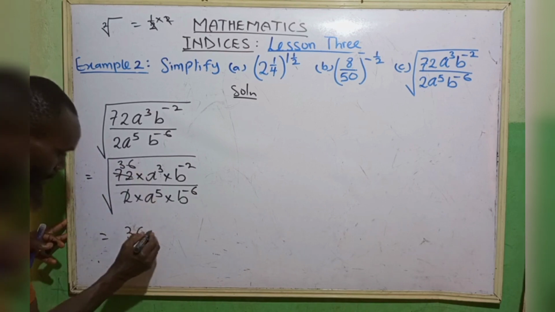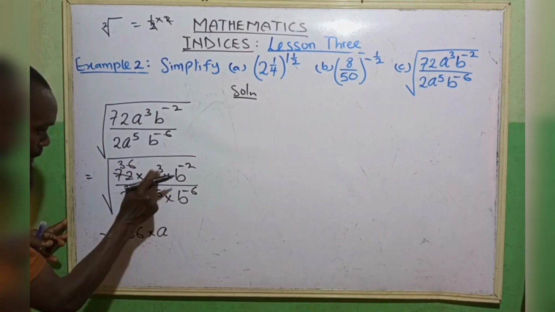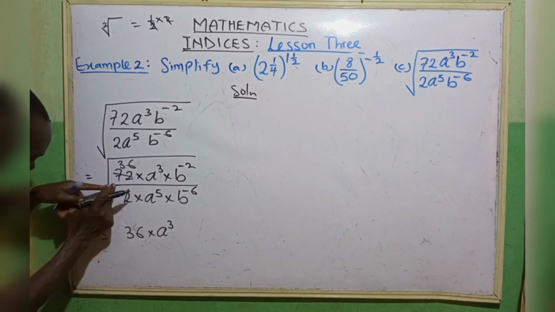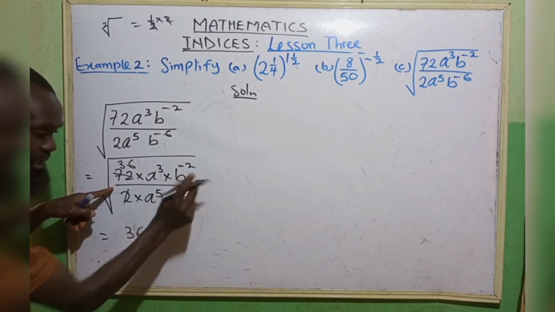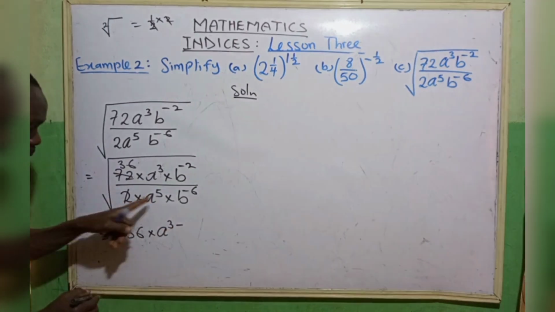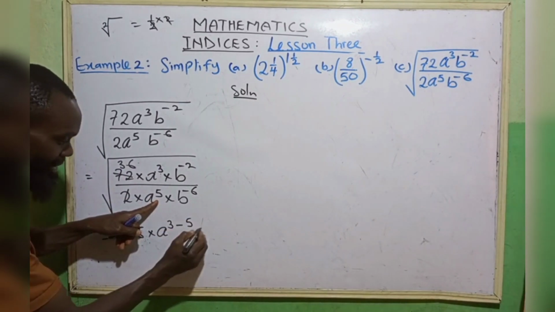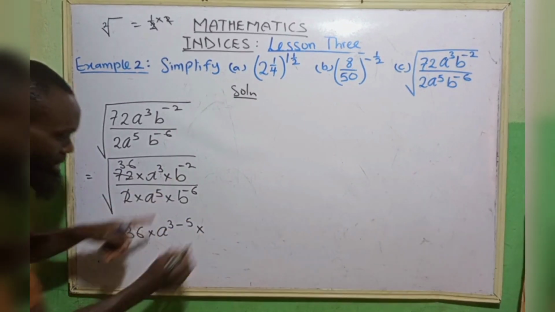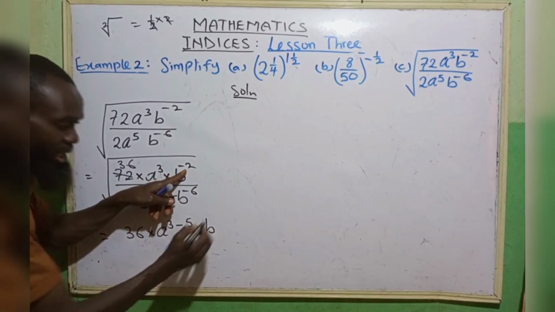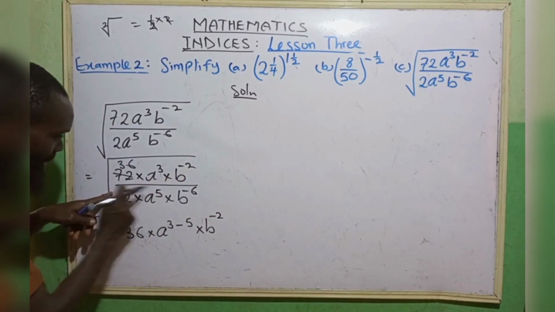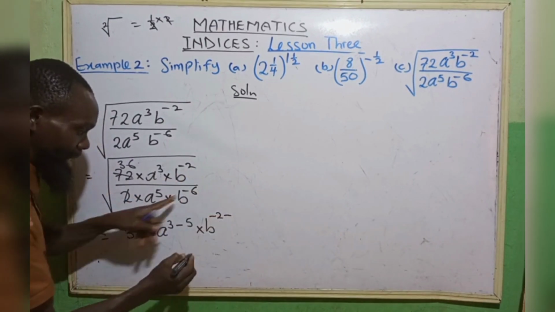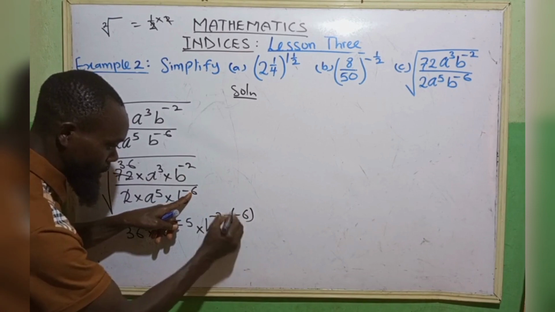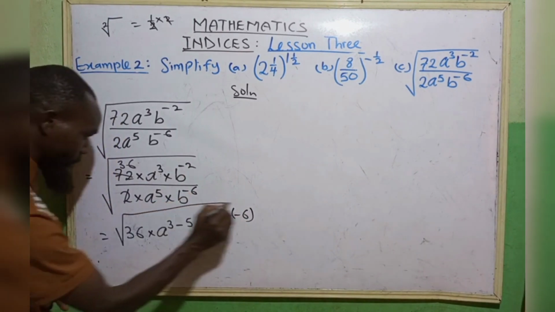Let me pick 1 a times a raised to power this 3. This division here changes to what? Minus. Then you put your what? 5. Times again. Take one of these b raised to power minus 2. This division as well changes to what? Minus. Then minus 6. Then put your square roots.